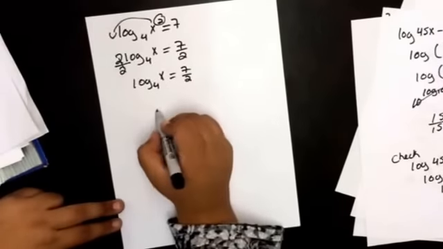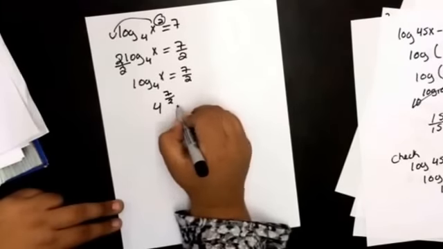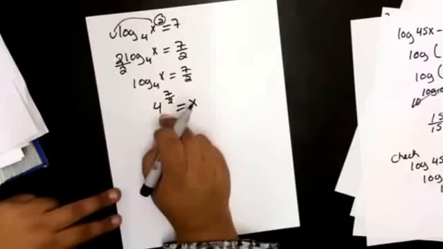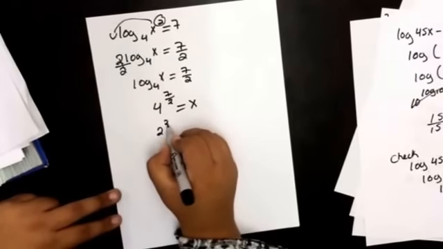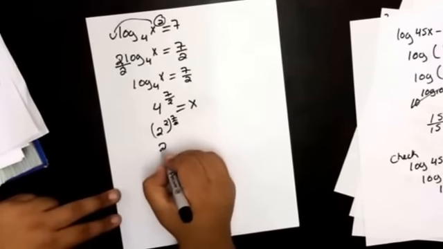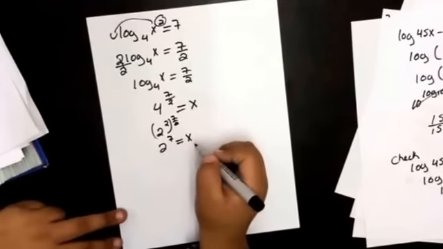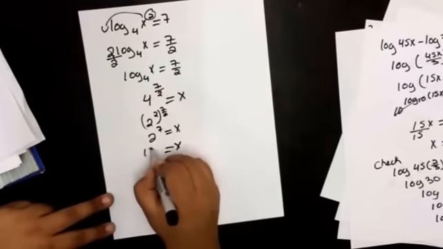I can write this as an exponent, so it's going to be 4 to the 7 over 2 equals x. The 4, I can write as 2 squared to the 7 over 2. If I multiply my exponents, I get 2 to the 7th, which equals x. So then x equals 128.